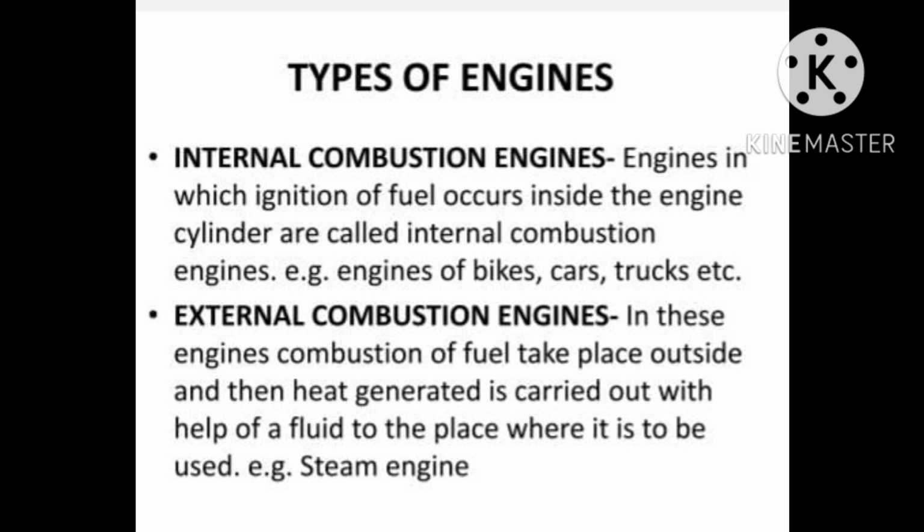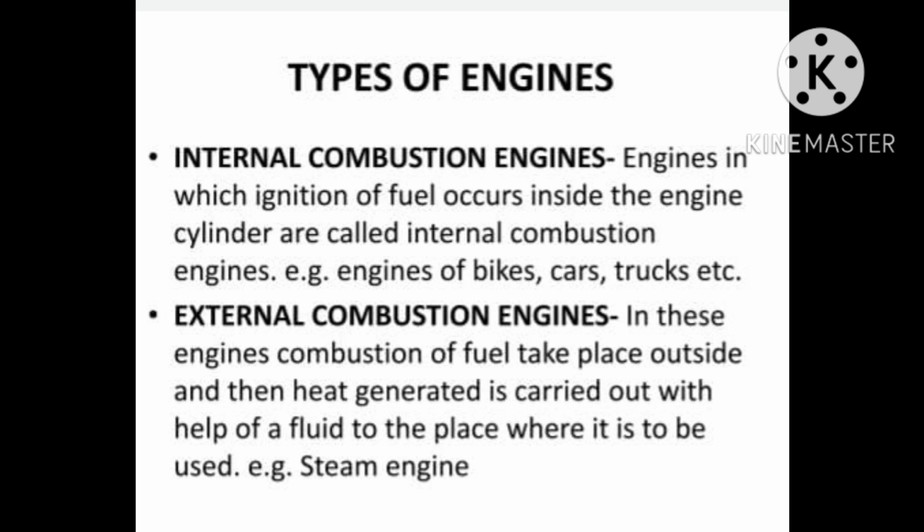Now the other type is external combustion engines. In external combustion engines, the combustion of fuel takes place outside and then heat is generated. The heat which is generated is carried with the help of a fluid to the place where it is to be used. A simple example of external combustion engines is the steam engine.